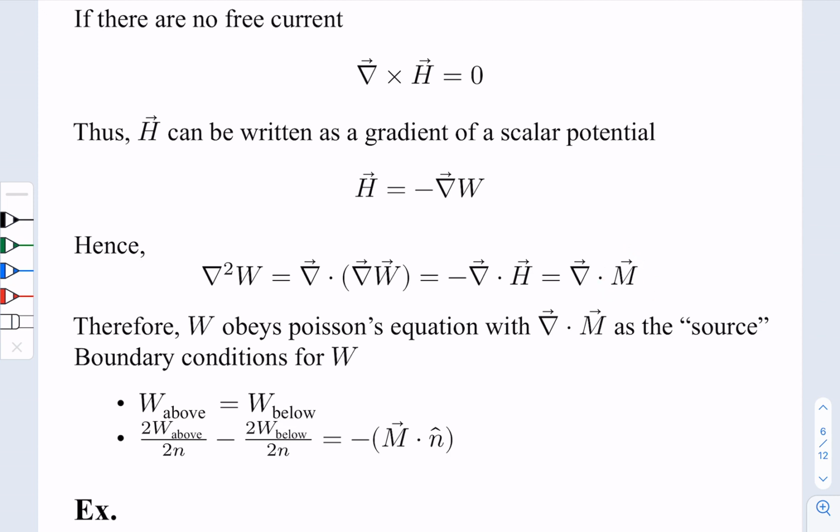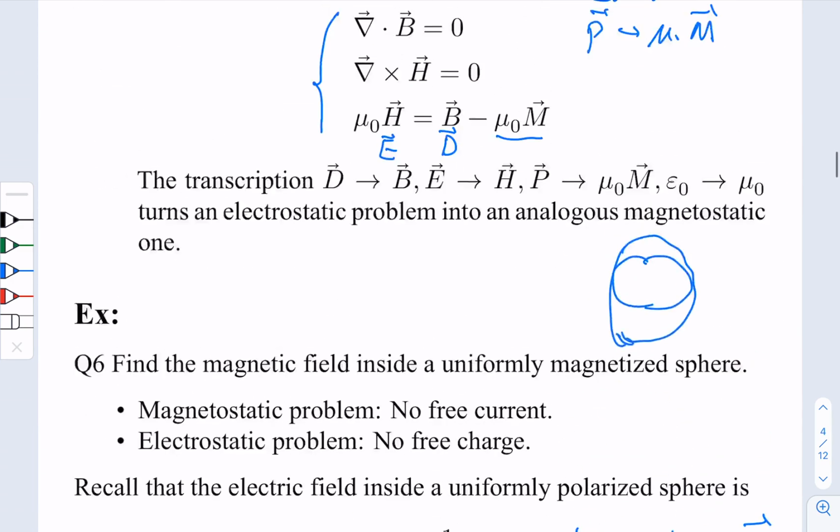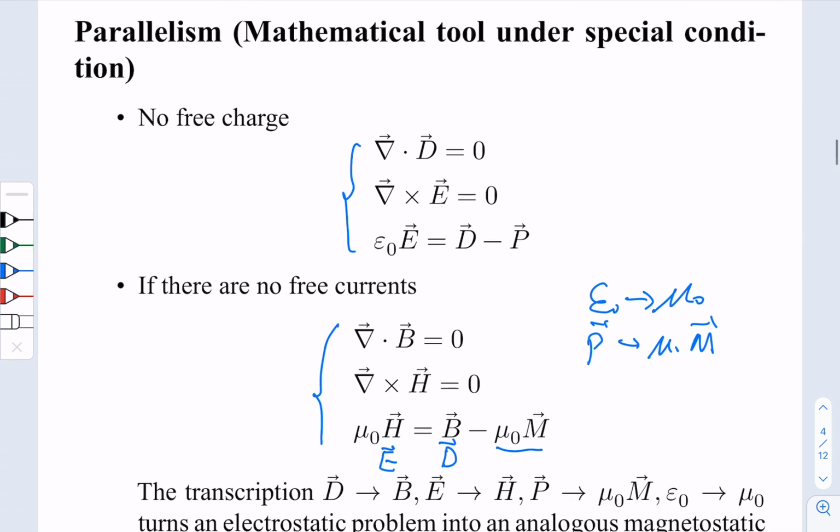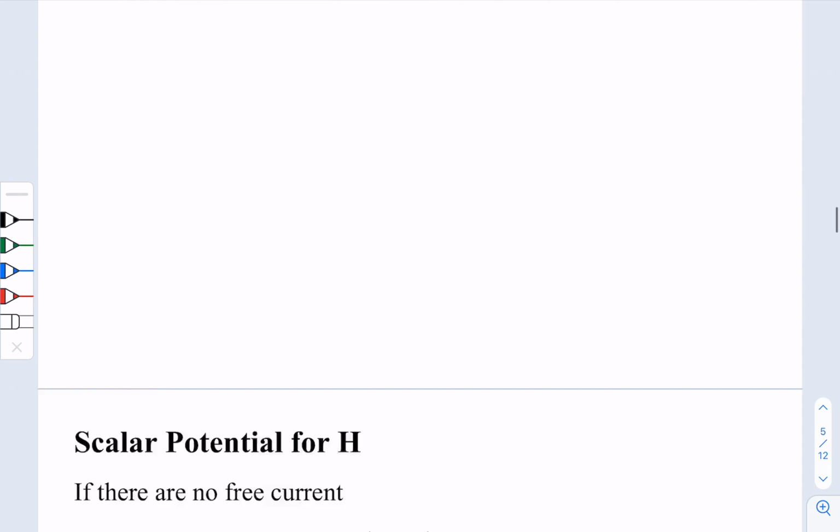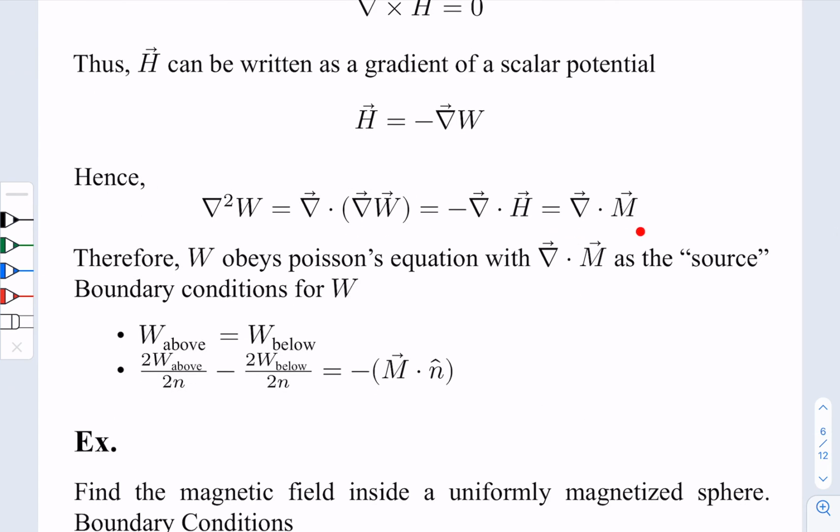So just as we discussed, the H is in the negative direction of this M, because here the H is B over mu naught minus M. So then now if we translate to the right hand side, it should be del dot M vector.